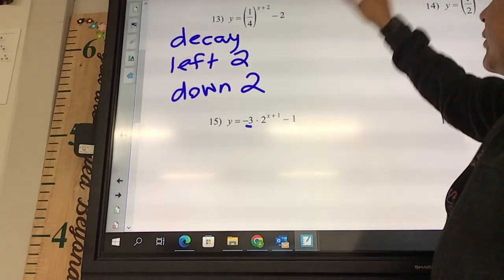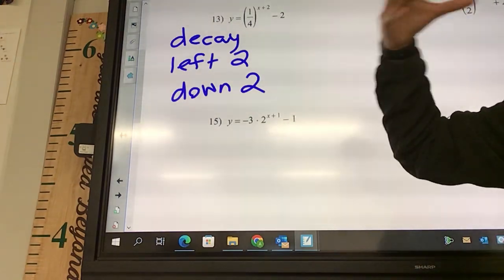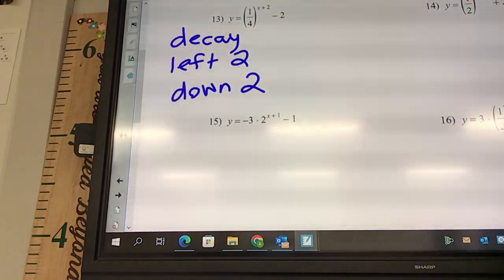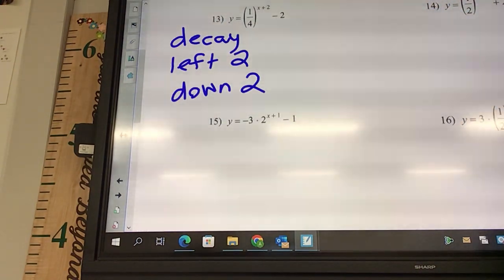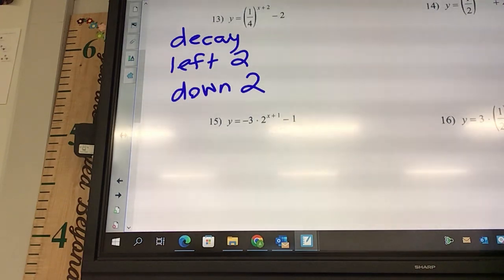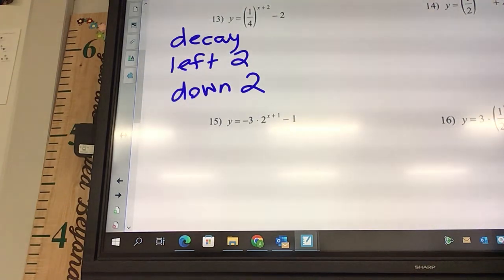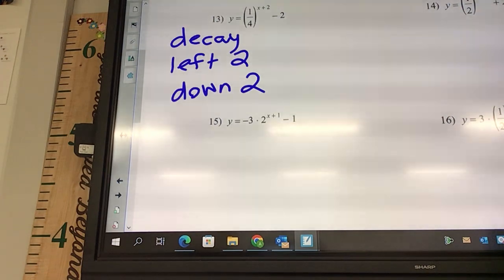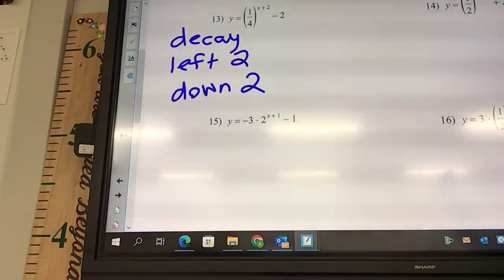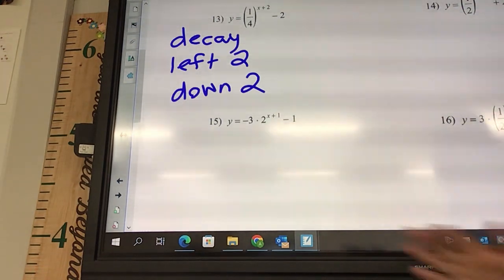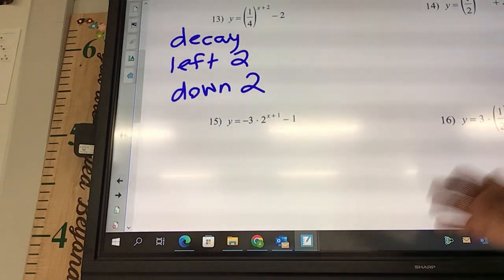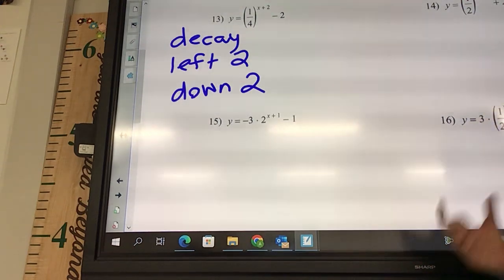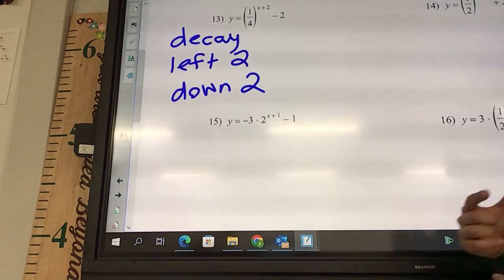What I want you to gain from it is just to be able to look at it and know the difference between the numbers. So is this growth or decay? And what number should you be looking at? It's growth, and the 2. Whatever's attached to that thing. We're not changing anything from the front. I want you to pay attention to which number you're looking at because it does matter whether it's growth or decay.